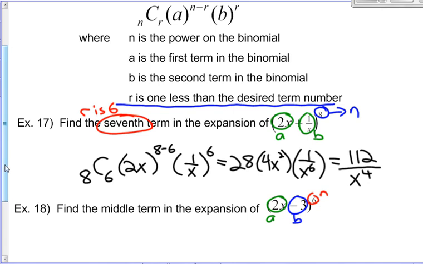So you have to remember that if we've got a power of 6, there are going to be 7 terms in the expansion. And if you have 7 objects in a row, the middle one is the 4th term. So if there are 7 terms in this expansion, the middle one's the 4th term. And r is 1 less than the term number we want. So r is 3.